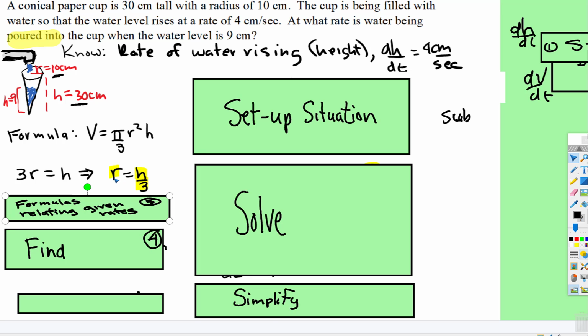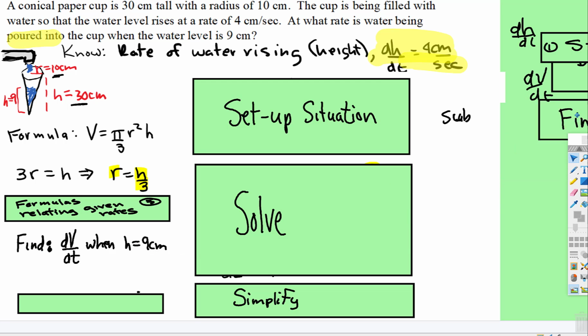The reason we want the radius by itself is because we want to put the radius in terms of h, since what we're given is the change in the height. So radius is the same as height divided by 3. And what we need to find is how fast the volume is changing at the exact moment when the height is 9 centimeters.